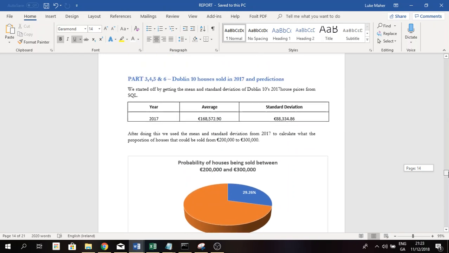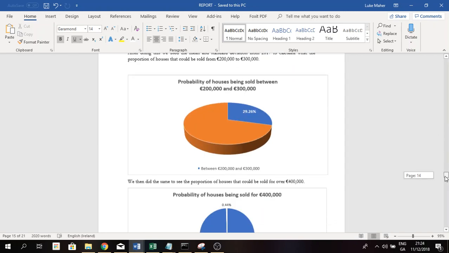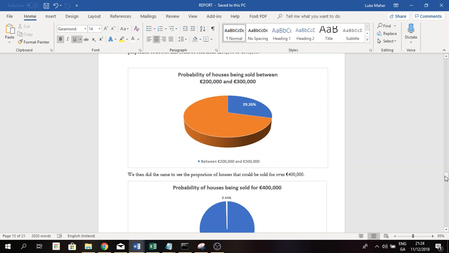Then after this we went back to Dublin. We got Dublin 10 house prices, and we got the average and standard deviation, and we started doing some calculations. The first one was to find what proportion of the houses would be sold for between €200,000 and €300,000, and using norm dist, we calculated for 200,000 and 300,000.